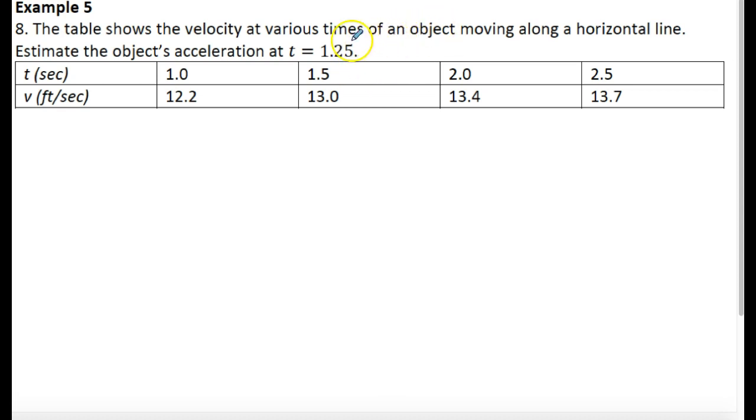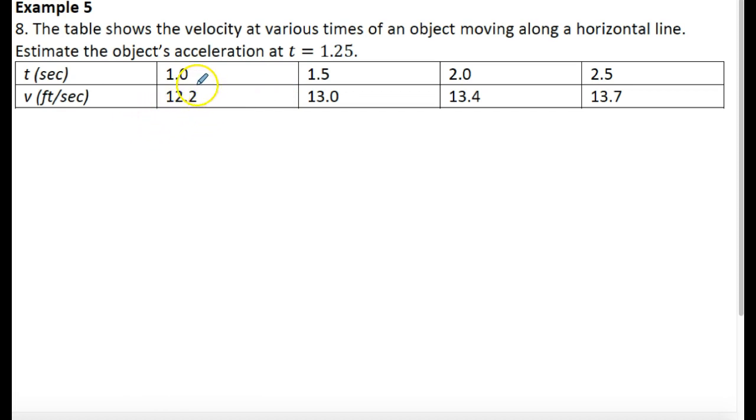Well, we know acceleration is the derivative of velocity, right? To estimate the acceleration here, okay, 1.25 would obviously be in between 1 and 1.5 seconds. So what I can do is find the slope between these 2 values, and that will approximate the slope right in between them at 1.25.